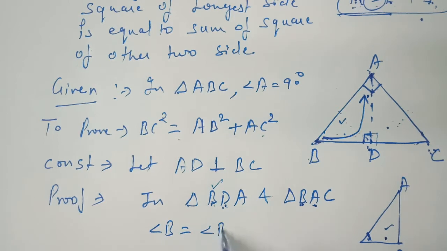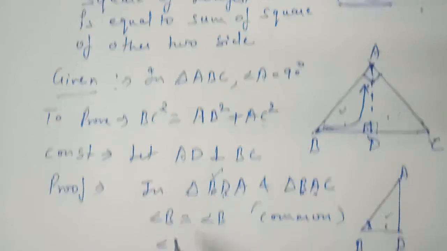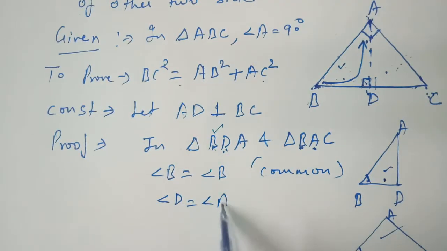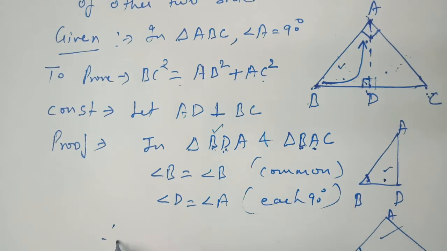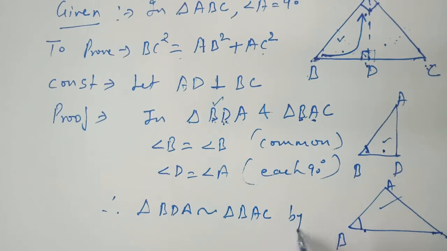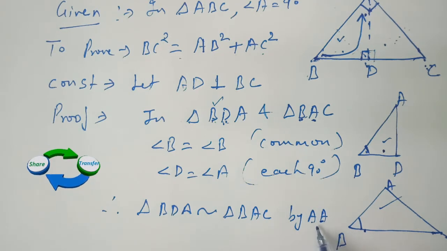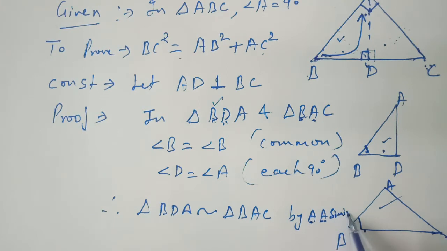Angle B is equal to angle B, the reason is common. Angle D is equal to angle A, the reason is each 90 degrees. Therefore both triangles are similar: triangle BDA similar to triangle BAC, by angle similarity. For angle similarity you don't have to take all three angles, just two angles, and on that basis you can say both triangles are similar.